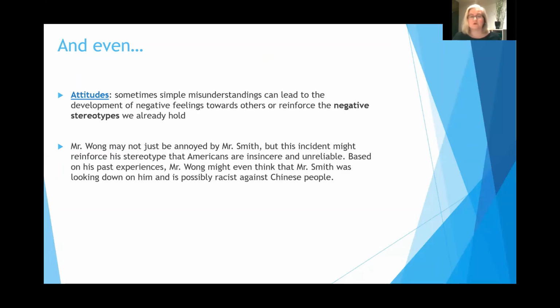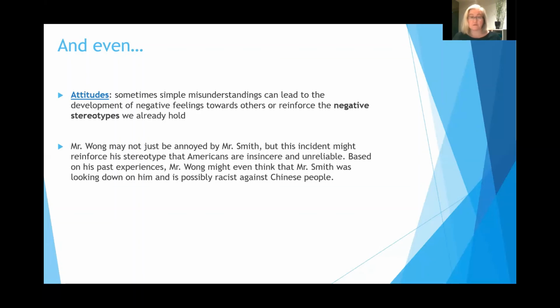So, for example, sometimes simple misunderstandings can lead to the development of negative feelings towards others or reinforce the negative stereotypes we already hold. So often if we have a negative feeling about something, every new negative experience can sometimes build on those past negative experiences that we've had.